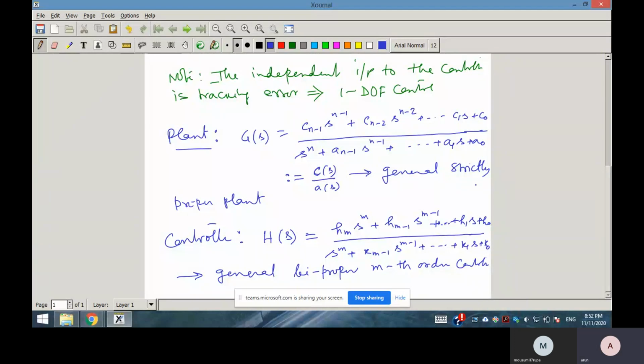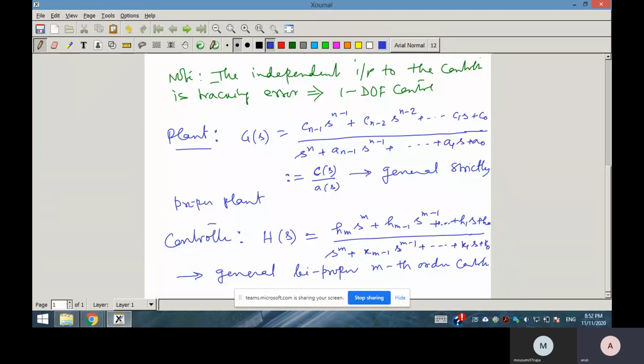The plant is always strictly proper in nature, because physical plants have low frequency behavior, like a low pass filter. All physical plants are like that, but the controller is in our hands. So the controller can be made biproper so as to have the maximum number of tunable variables.